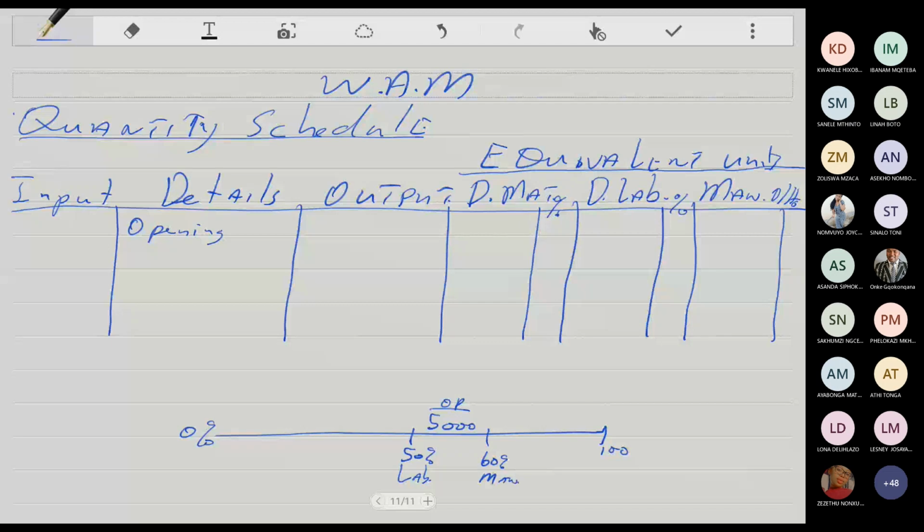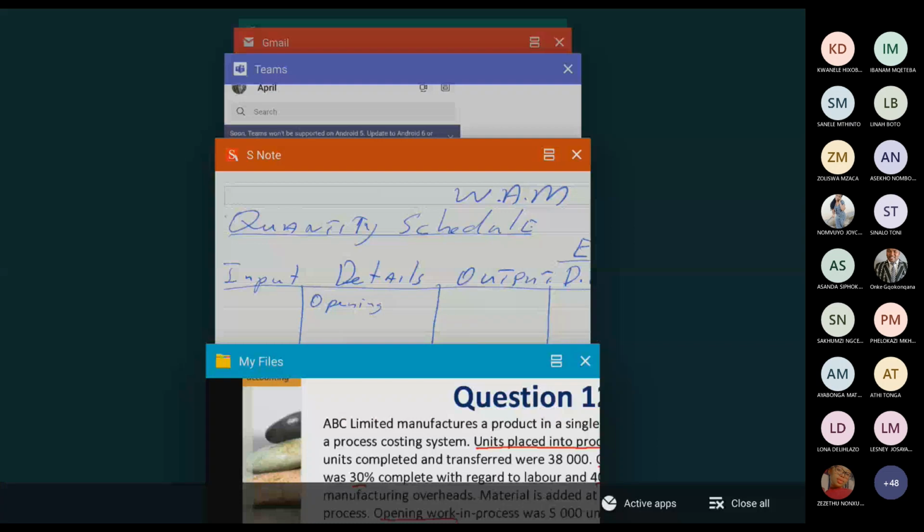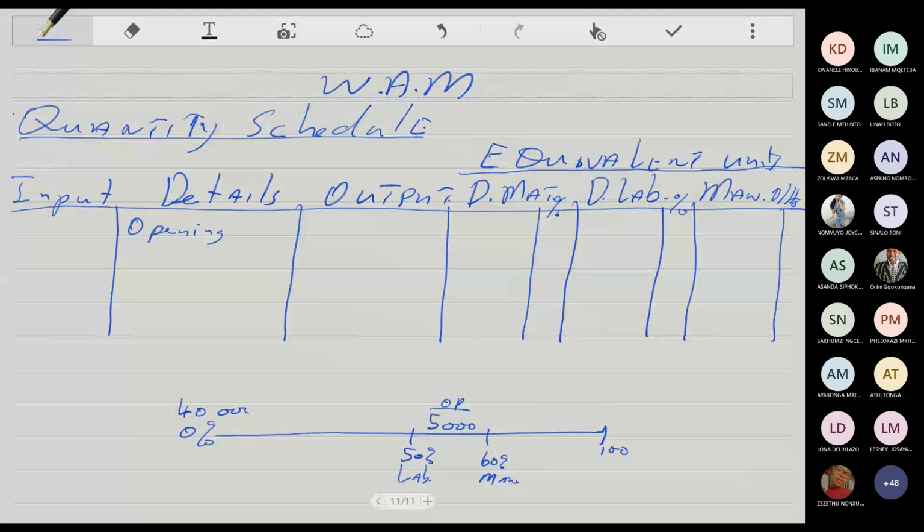Then you receive the new units. Units placed in the production were 40,000 units. And we completed and transferred 38,000. So 38,000 units managed to reach 100%.